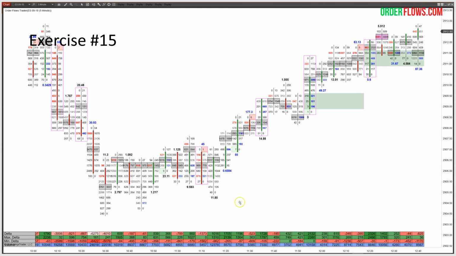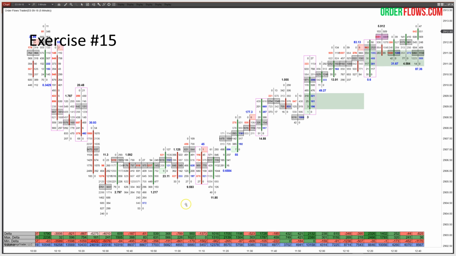This one I consider a delta reversal bar right here, this bar with a ratio of 1185. And what you had was strong negative delta early, minus 962. And then it ended up positive 1016 against a max delta of 1016. So it was fairly strong in the negative sense early, and it ended fairly strong in the positive sense.